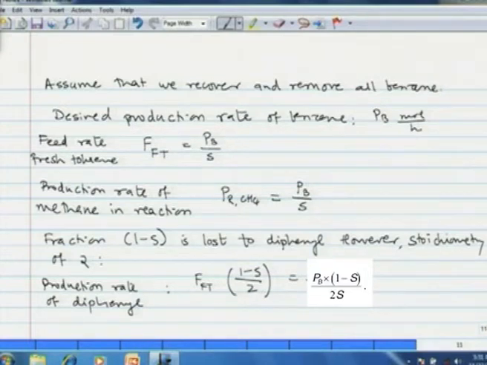Now, here we have assumed that toluene contains no impurity, and there are no additional side products.